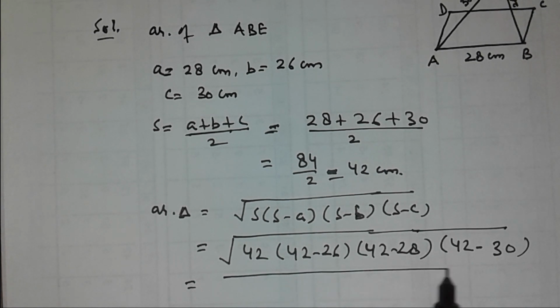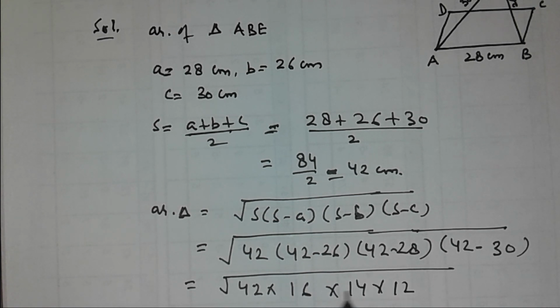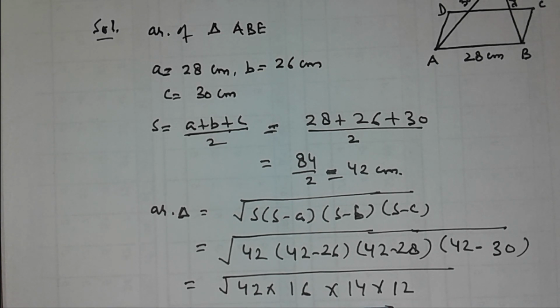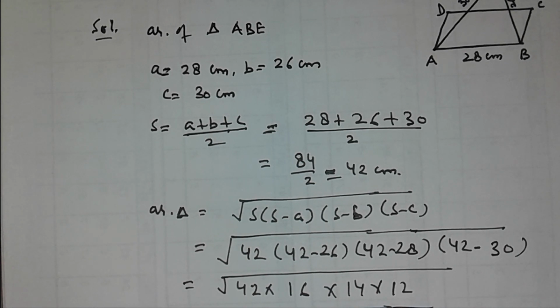So 42 into 16 into 14 into 12. When you solve it, you will get 7 into 6, it is 4 into 4 into 2 into 7 and 2 into 2 into 3.